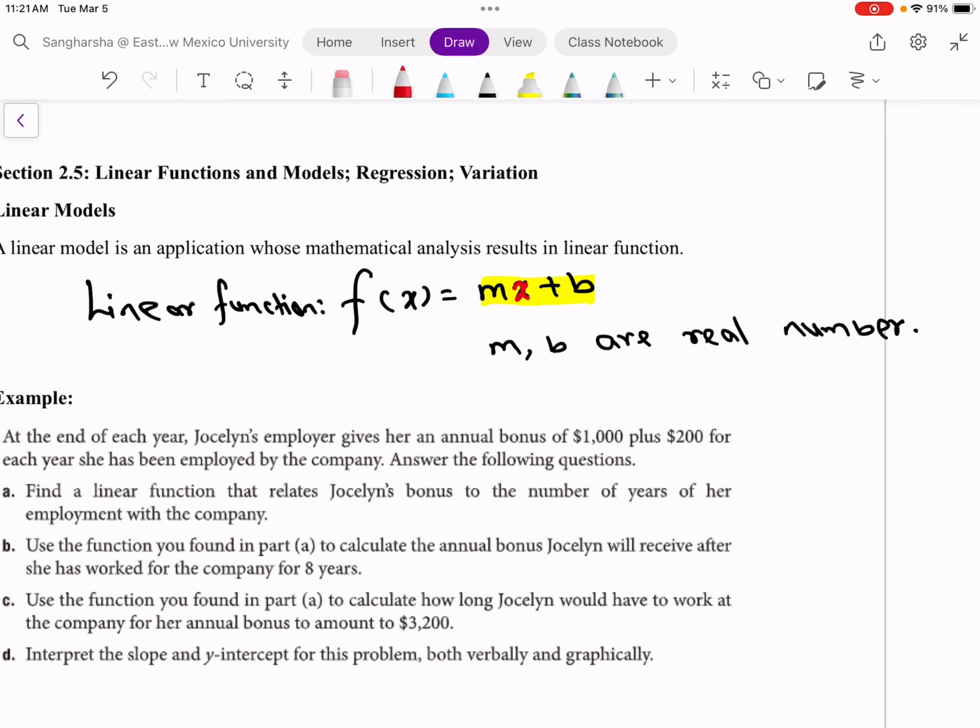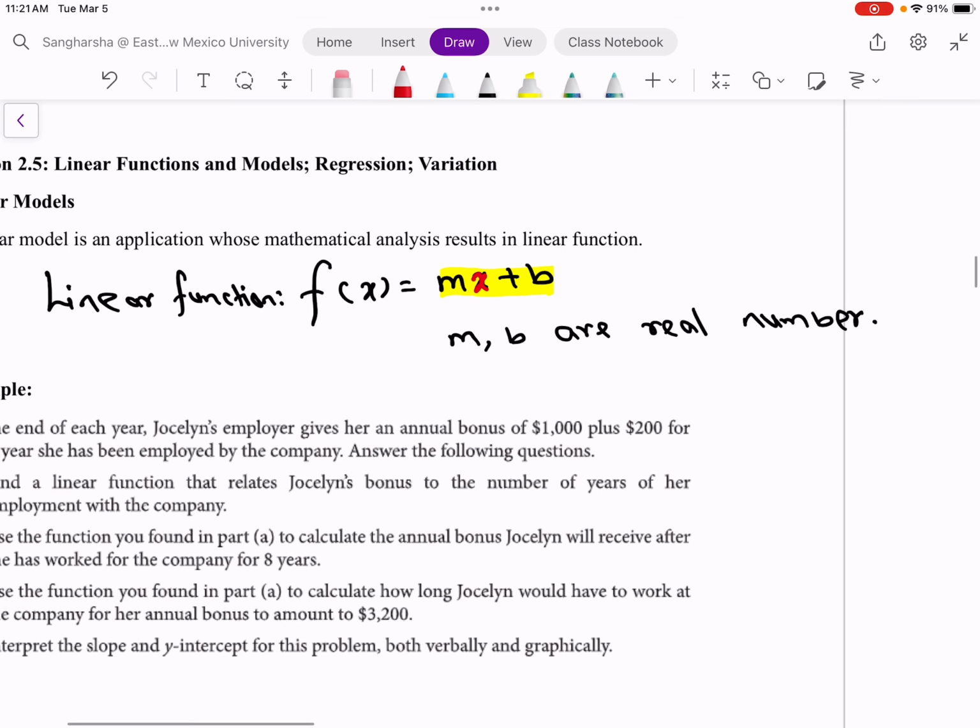In the next topic we will talk about the quadratic function, and in the quadratic function the exponent would be 2. Like if we have a function of this type, f of x equals ax squared plus bx plus c, this is our quadratic function. If we compare these two, here we have the input with exponent 2 as the degree, and in our linear function the degree is always 1.